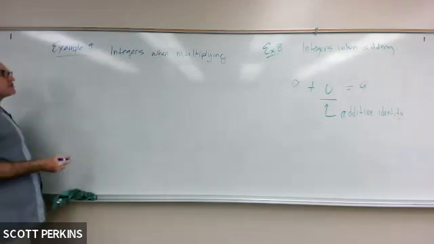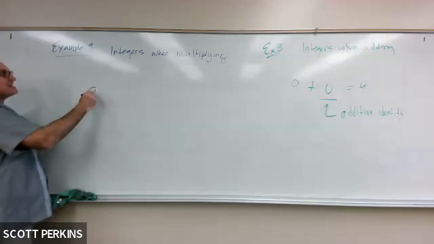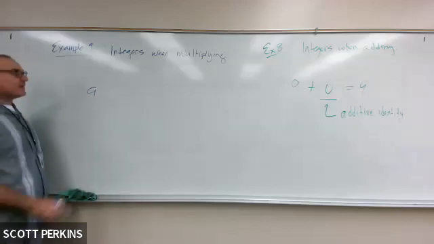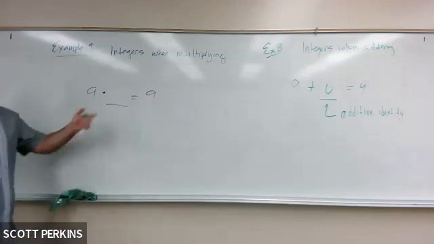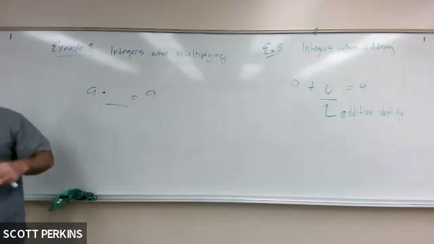Okay, so again, I'm starting off with an integer. Let's say 9 again, because I'm really creative. This time I'm multiplying by something. What is the identity going to be here? It's going to be 1.